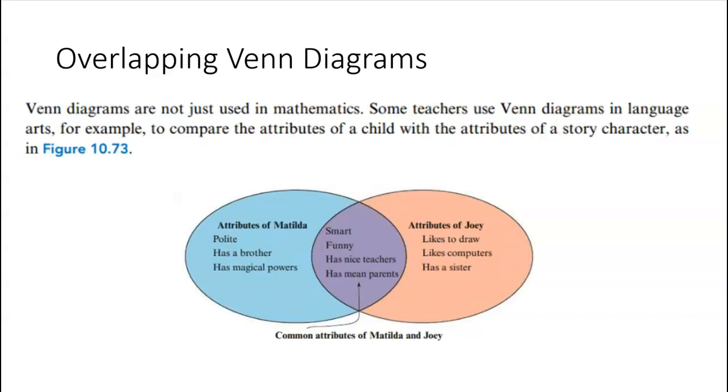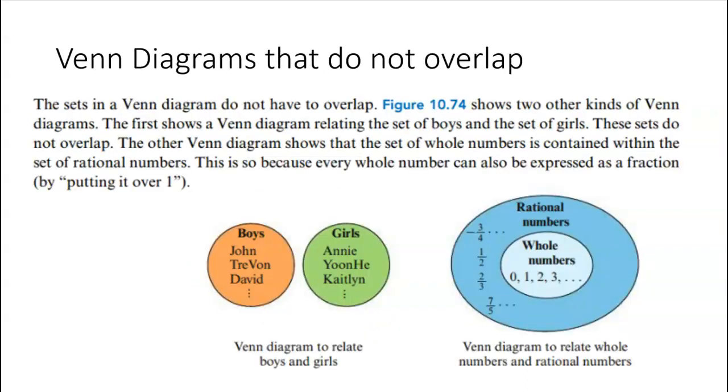And we don't have to just use it in math. You can see it in other categories as well. If we're talking about characters in a novel, we've got the attributes that they have separately, and then these are the common attributes. Now, do all Venn diagrams have to overlap? No. Sometimes they can be completely separate.